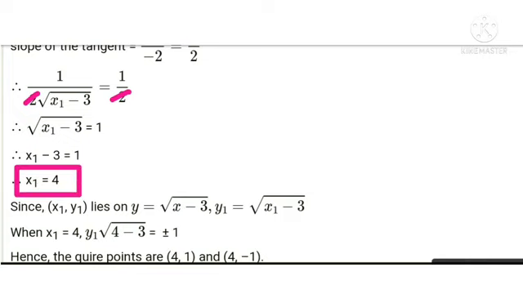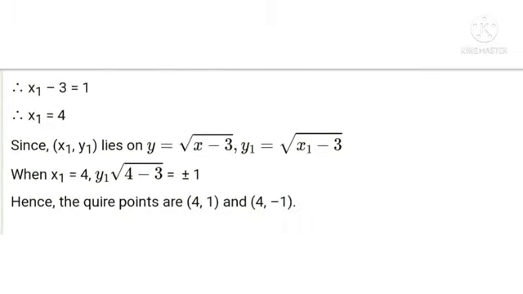Now, (x1, y1) lies on the curve. Which curve is there? y is equal to root x minus 3. Therefore, we can write y1 is equal to root x1 minus 3. And we had calculated the value of x1, so put the value of x1. We get x1 is equal to 4.